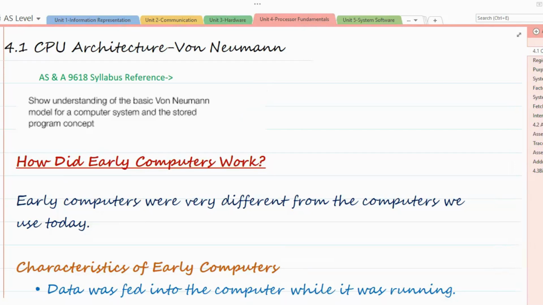But early computers were not as flexible as the computers we use today. So, today we are going to learn about a revolutionary idea that changed the computing world forever: the von Neumann architecture and the stored program concept.